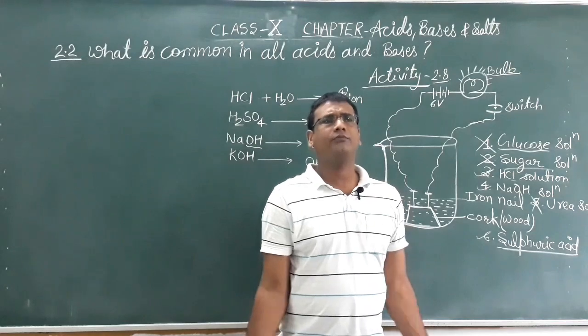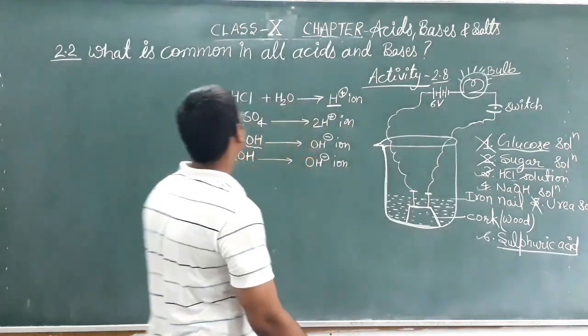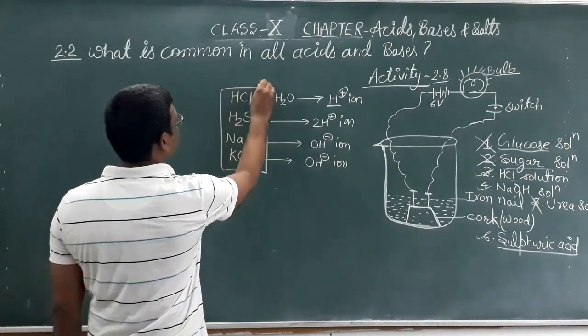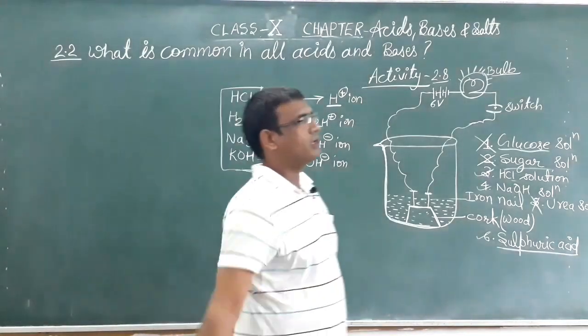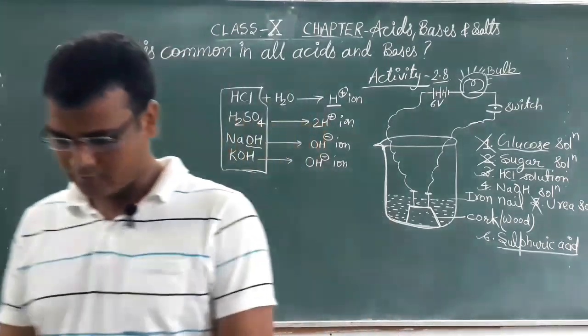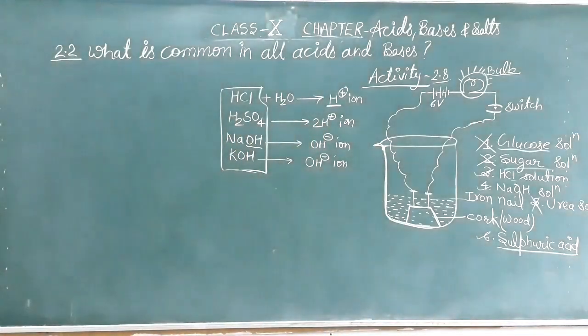Very easy. You just need to check whether it is an acid or a base. If it is an acid or a base, surely in water it will glow the bulb.